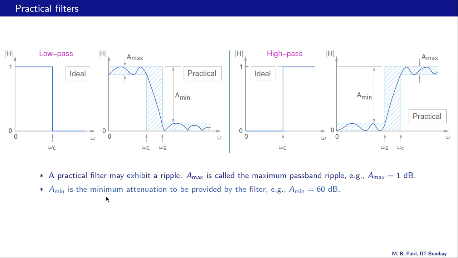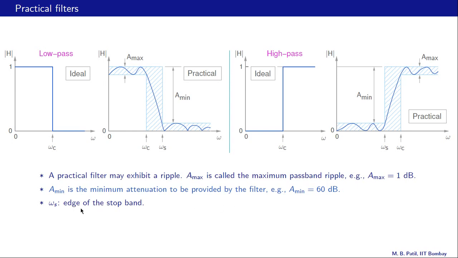A min is the minimum attenuation to be provided by the filter, this quantity here, and ideally of course we would like that to be infinity. In practice we might get something like 60 dB. That depends of course on the order of the filter.